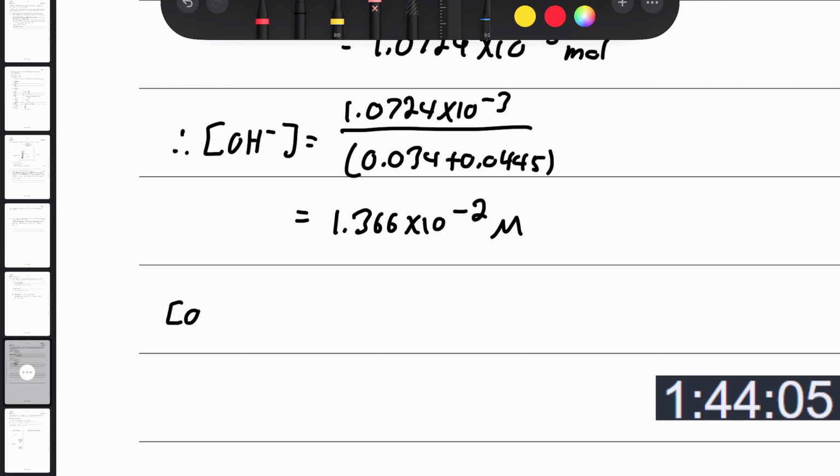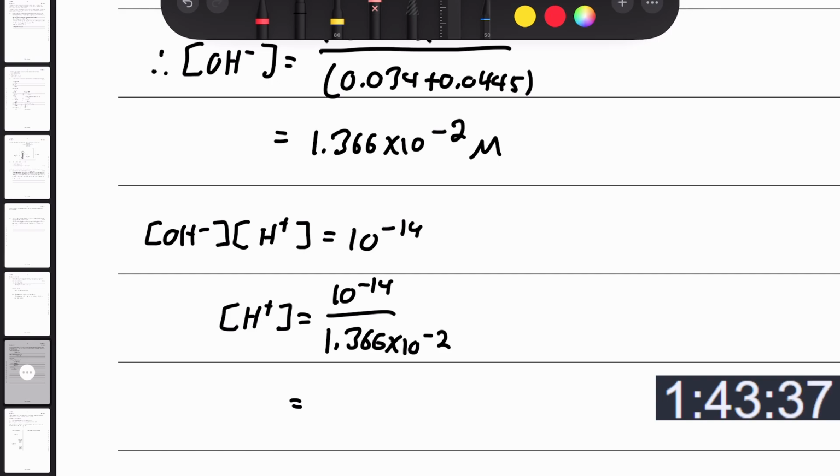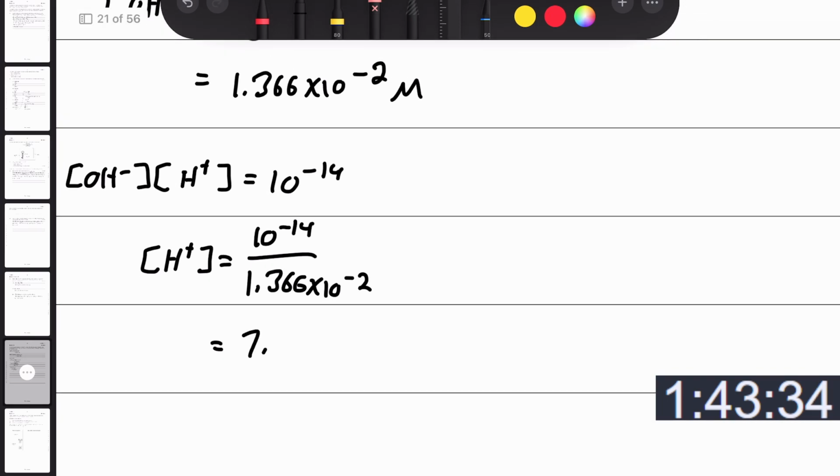And this is probably where the last few marks are. So 14, so then H plus is going to be equal to 10 to the negative 14 all over 1.366 times 10 to the negative 2, which is 7.321 times 10 to the negative 13.